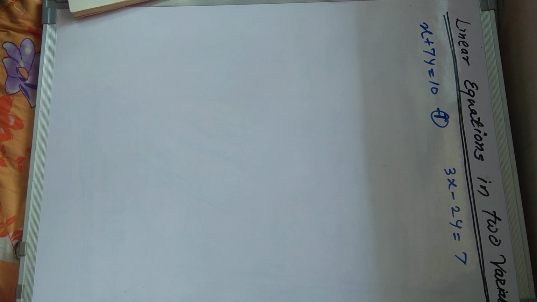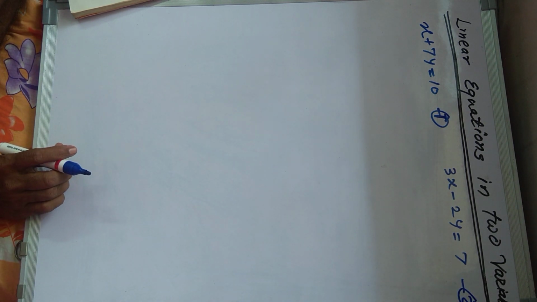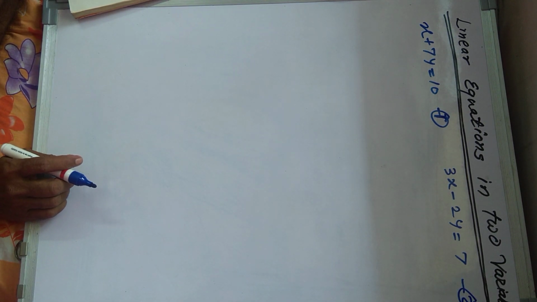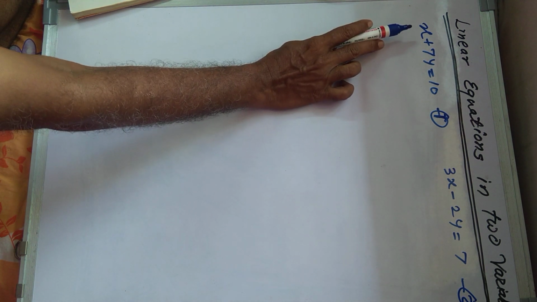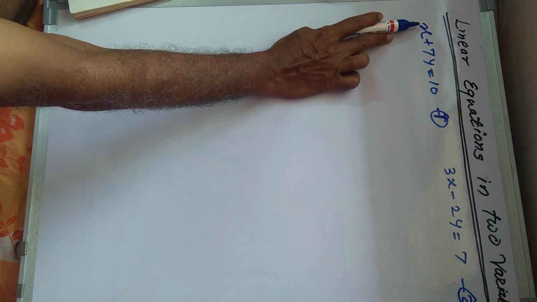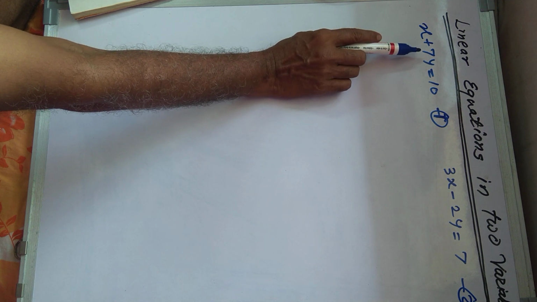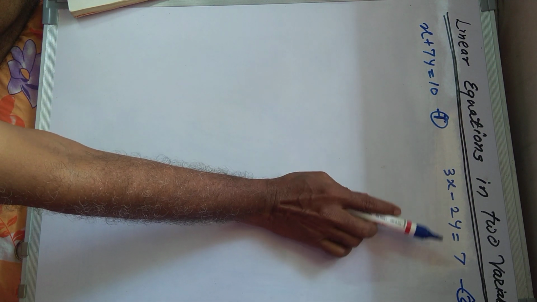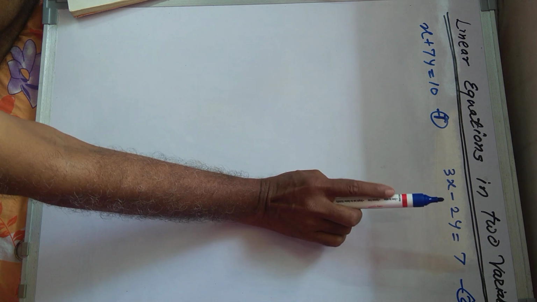For solving these two simultaneous equations, first we have to make the coefficient of one of the variables the same. Here, in the first equation, the coefficient of x is 1 and y is 7, and in equation number 2 the coefficient of x is 3 and y is minus 2.